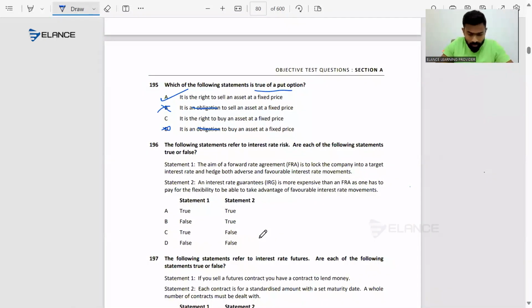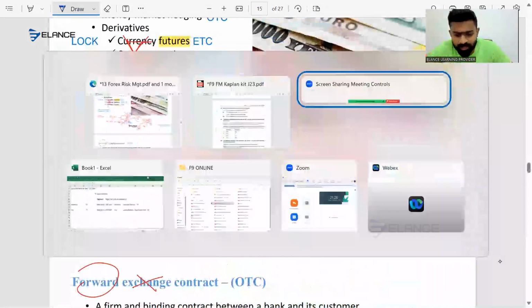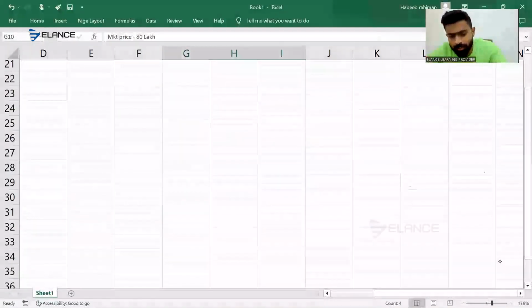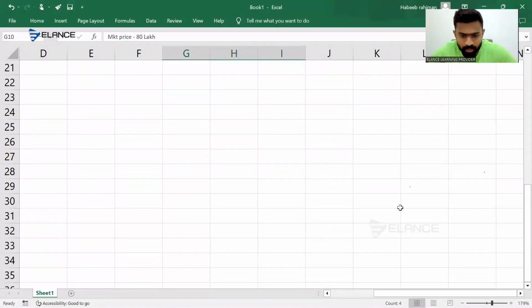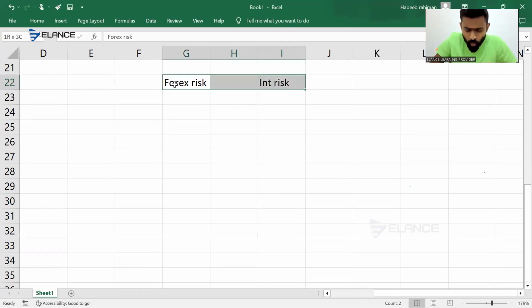Now, there is another risk named interest risk. We started with forex risk and we are going to interest risk as well. Forex risk is due to a change in which rate, interest rate or forex rate?